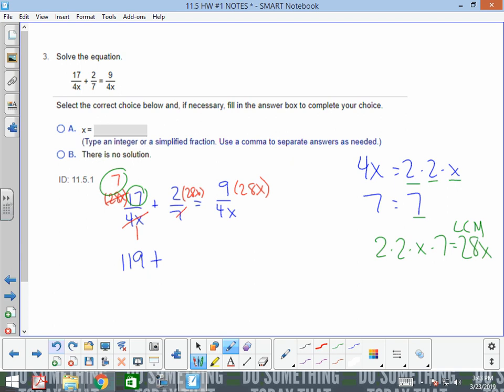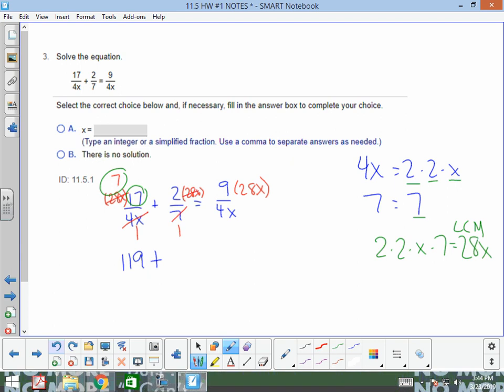I want to make this 7 into a 1, so divide by 7. 28x divided by 7 is 4x. Multiply 4x times 2, 8x, equals, over here, I want to make this 4x into a 1, so divide by 4x. 28x divided by 4x is 7. So I'm multiplying 7 times 9, which is 63.